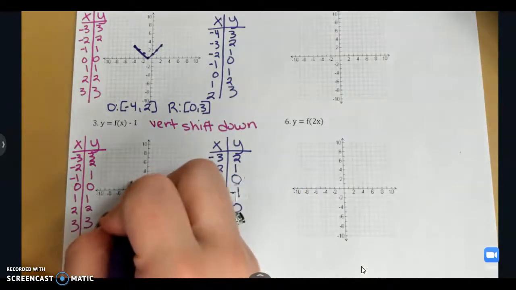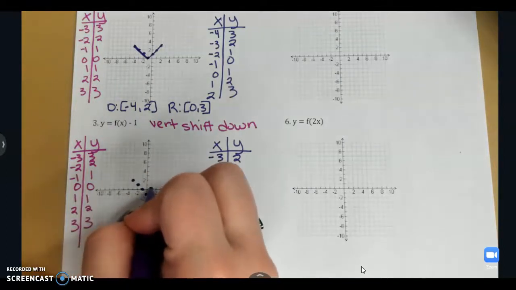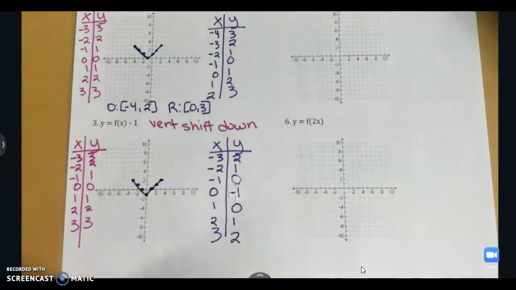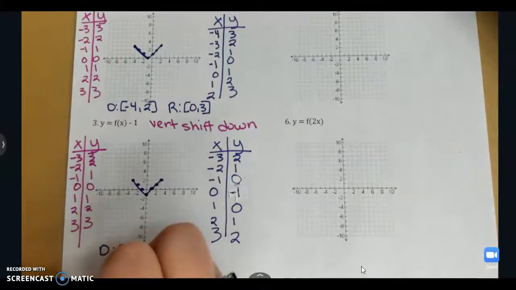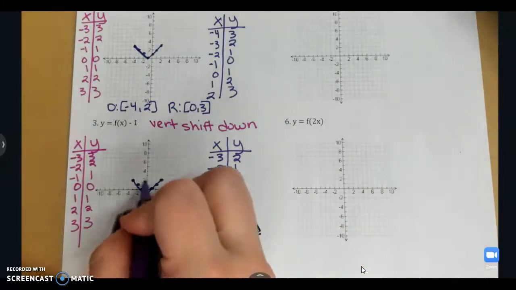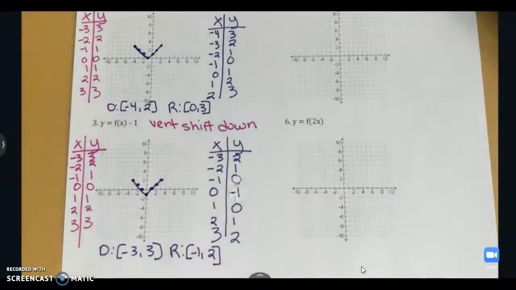So now we'll plot our points. My domain is still from -3 to +3, but this time my range has changed. It's now from -1 to +2. So when we shift vertically, it changes our range.